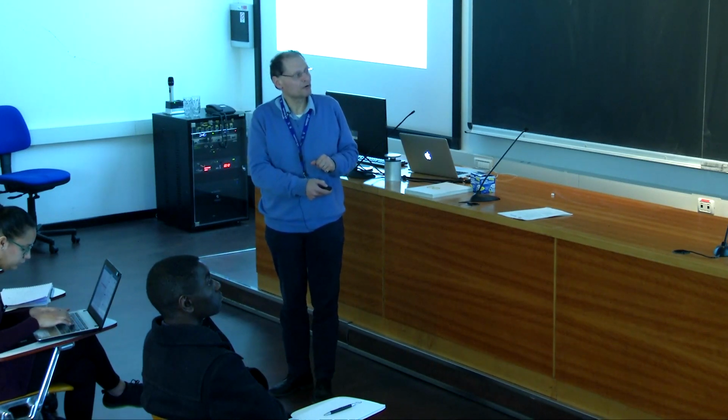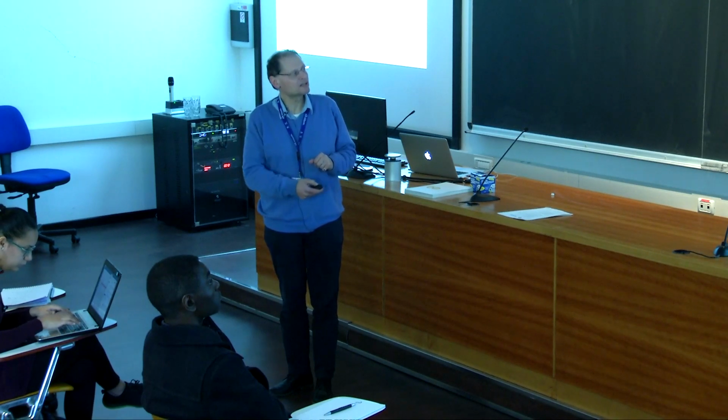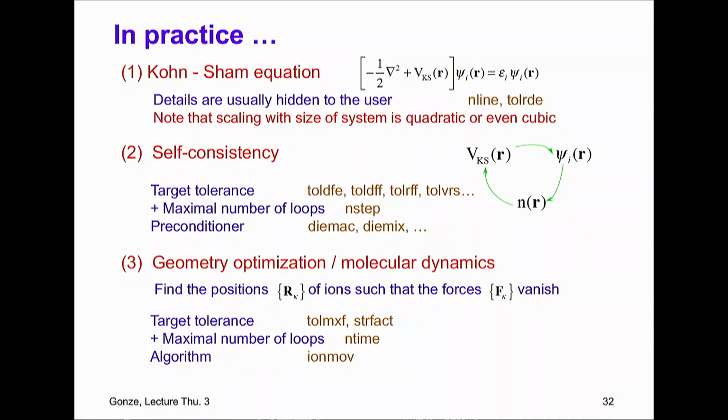For example, the number of line minimizations in this quantum equation you usually never touch, as well as the tolerance. Here, many users will ignore this. The self-consistency, on the contrary, is more important. I have already mentioned the number of steps for ABINIT, and there are different tolerance criteria to decide to stop the self-consistency loop before having reached the maximum number of loops.